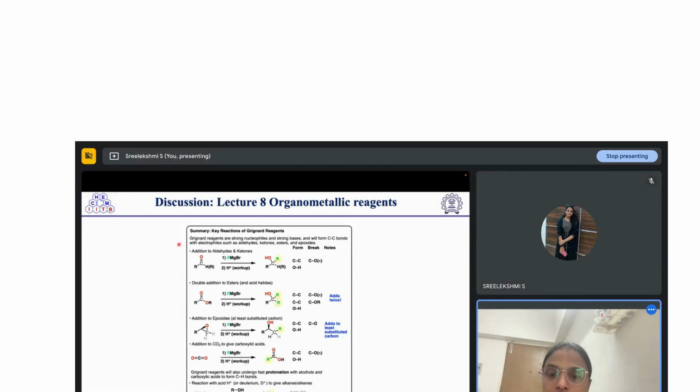Grignard reagents can also react with water or a proton to give alkanes. Having all these things in mind about organolithium and organomagnesium reagents, we will now discuss some problems on these topics.